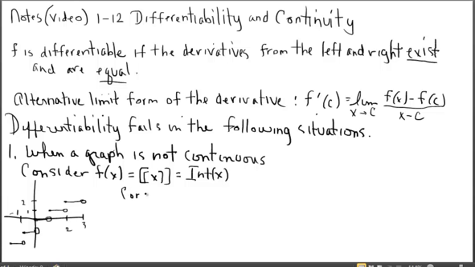All right, let's consider a point of discontinuity on the graph here at x equals 0. Let's set up the limit of the difference quotient here, and we want to look at the left-hand derivative. So let's look at coming to 0 from the left.